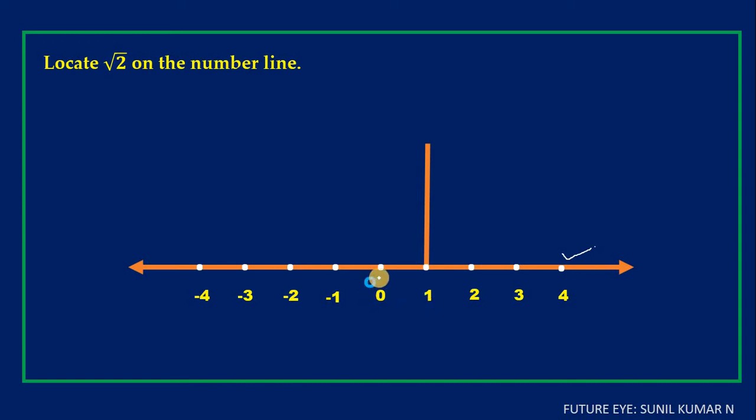Before that, you mark this point as 0, this point as A. Next, take a compass and take 1 centimeter of radius. Children, don't change the radius until your construction gets closed. You have to take 1 centimeter of radius by using your compass and ruler.